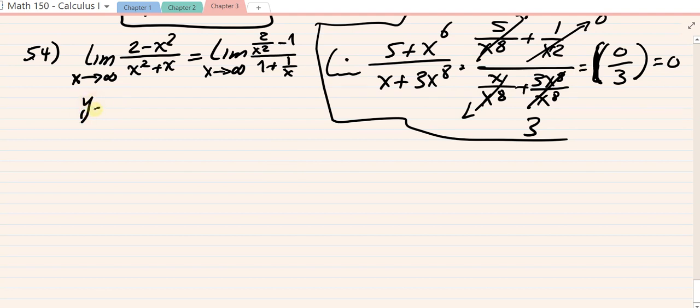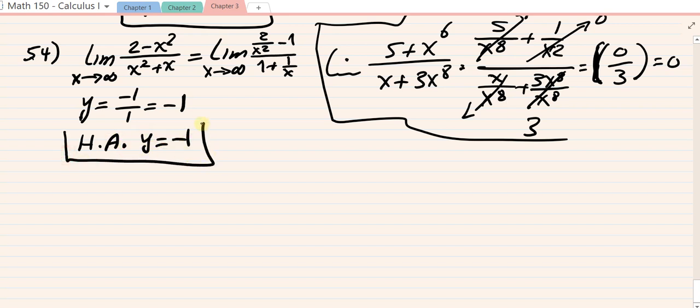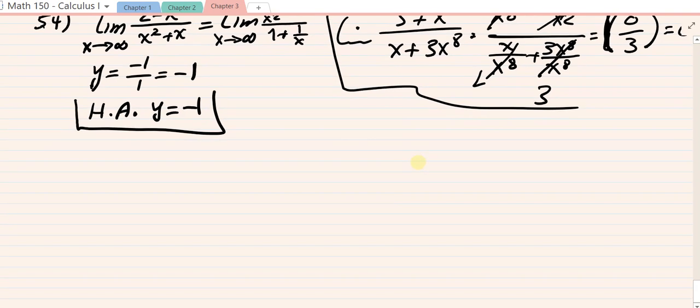The limit is the horizontal asymptote: y equals -1 over 1, or -1. So we do have the horizontal asymptote. The HA is going to be y equals -1. Okay, we have that one.